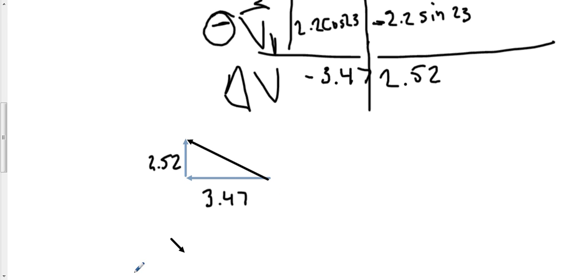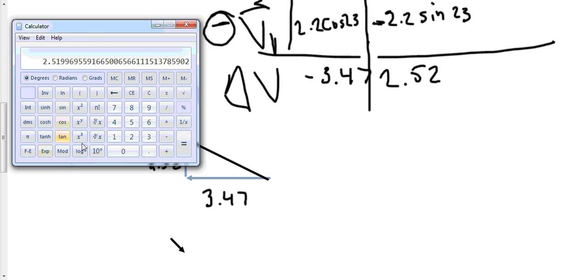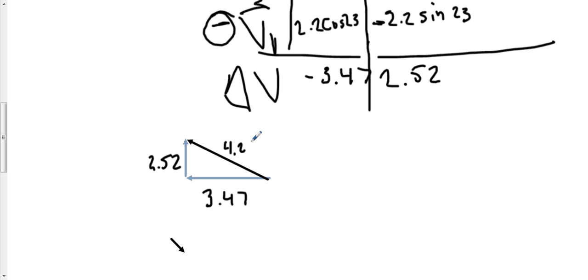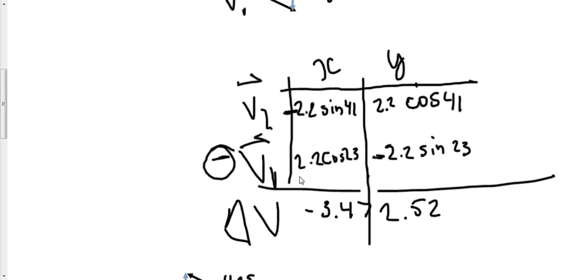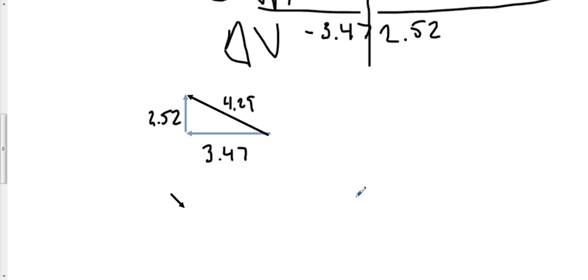So using the Pythagorean theorem, I just square and add those. 2.52 squared plus 3.47 squared equals, and then I take the square root of that, equals 4.288, so 4.29 meters per second.